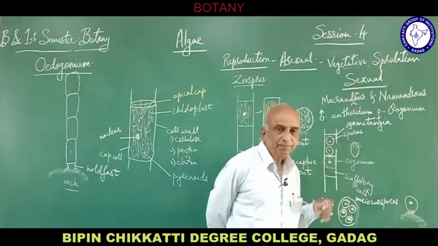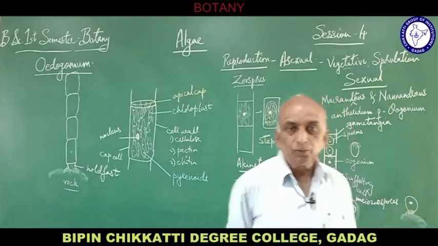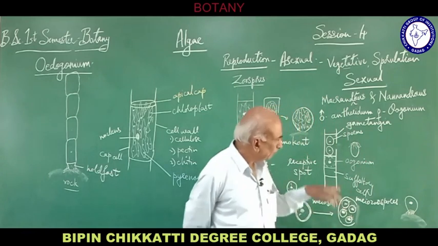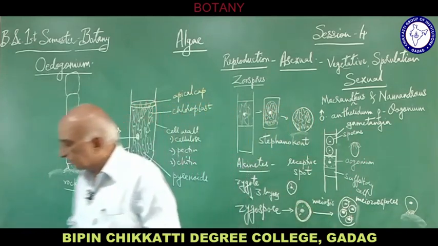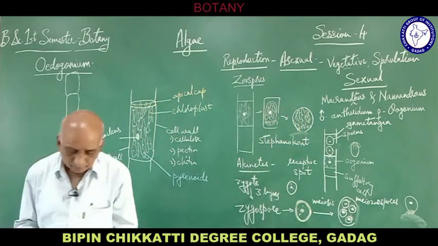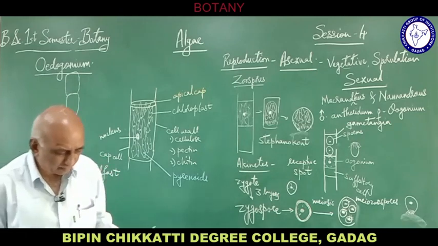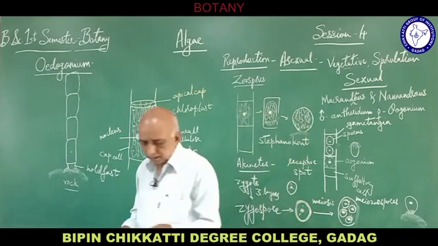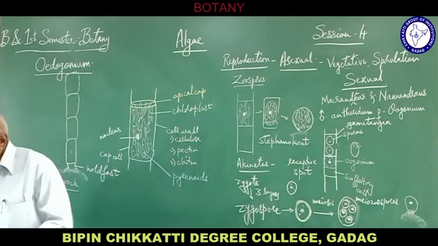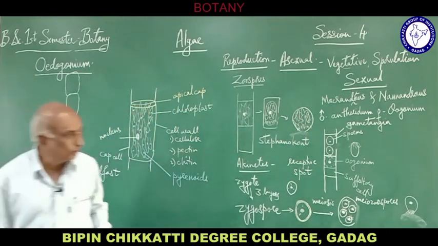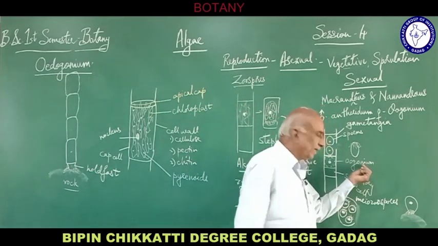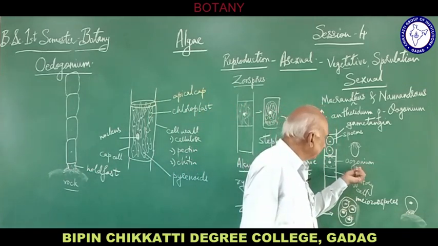It divides and 2 sperms are released from this cell. The antheridia are liberated by the rupture of the cell wall, and then they move towards the oogonium by the attraction of the chemical which is released by the oogonium.